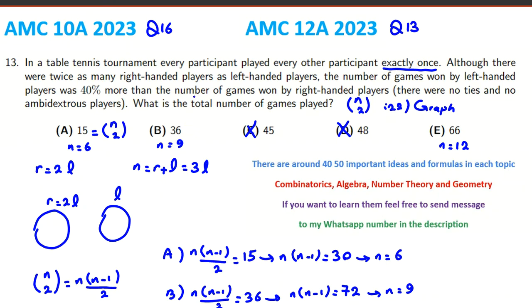Now let's see which one is possible. It says the number of games won by left-handed players was 40% more than the number of games won by right-handed players.